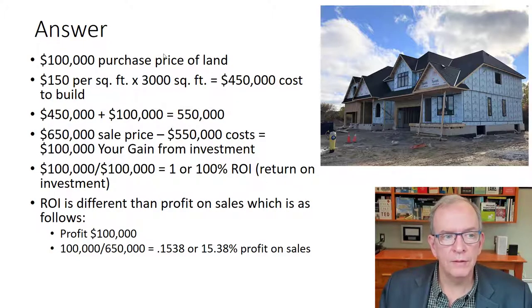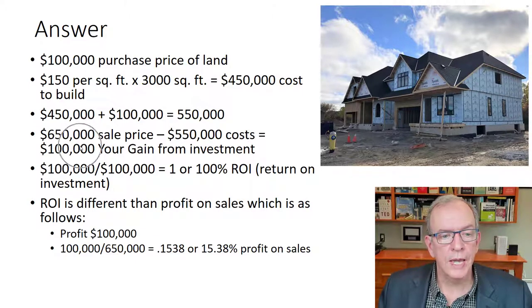$100,000 purchase of the land, $150 times 3,000, that's $450,000 cost to build it, right? We add the land value plus the build value. And again, you can plug in different numbers here, whatever is in your jurisdiction. That would be $550,000. Sale price $650,000 minus $550,000 equals your gain from the investment.